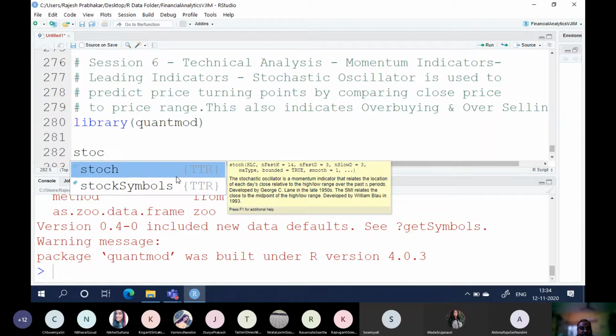STOCH is the name, stochastic oscillator. N fast K is equal to 14, N fast D is equal to 3, N slow D is equal to 3, MA type bounded is equal to 2, smoothing parameter is 1. So this is the momentum indicator that relates the location of each day's close price to the high-low range of N periods.